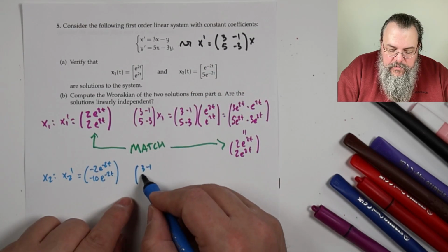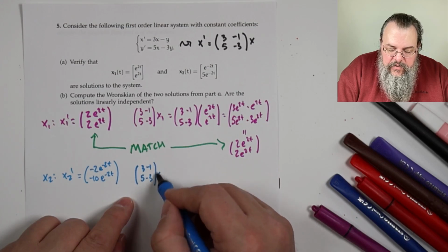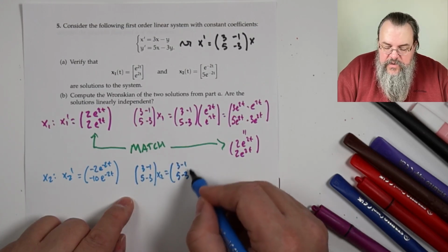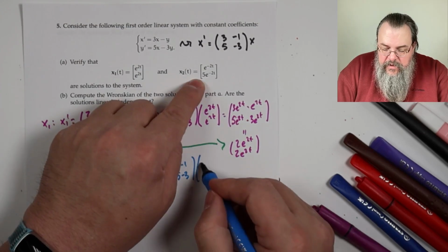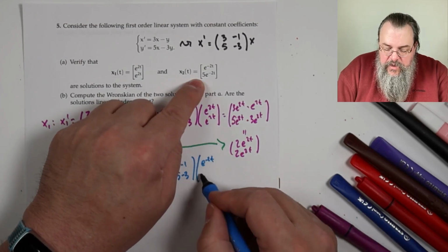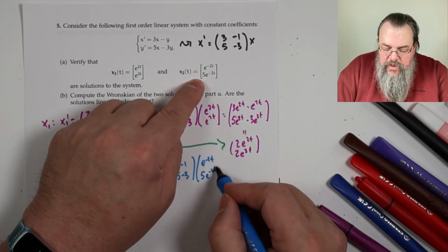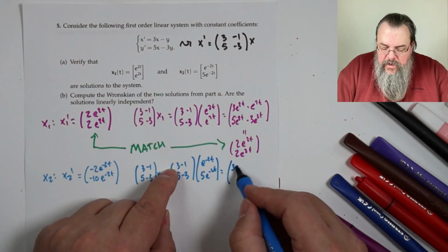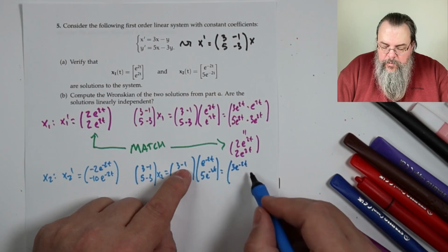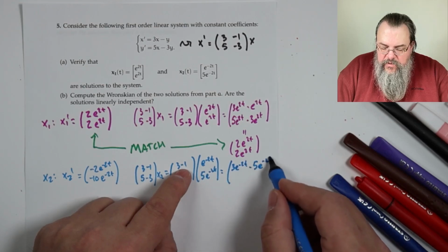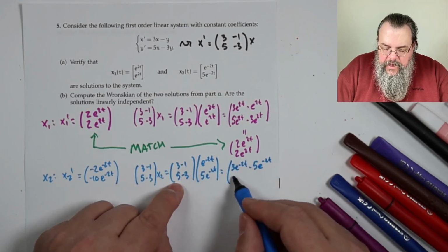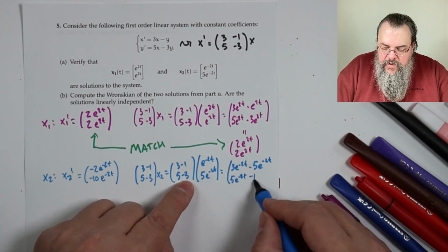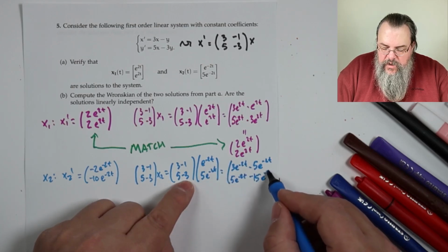Same thing: [3, -1; 5, -3] times x2. That's [3, -1; 5, -3] times, copy the x2 down, [e to the minus 2t, 5 e to the minus 2t], which becomes 3 e to the minus 2t minus 5 e to the minus 2t, and then 5 e to the minus 2t minus 15 e to the minus 2t.